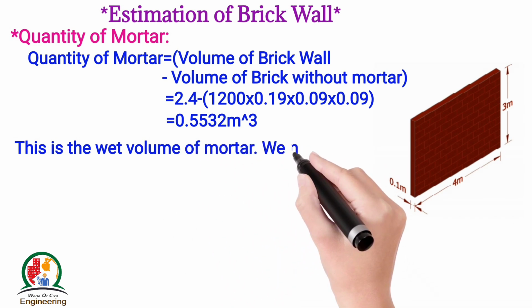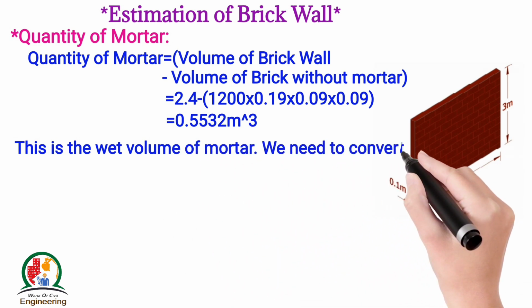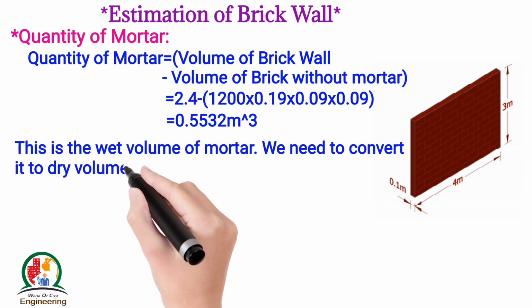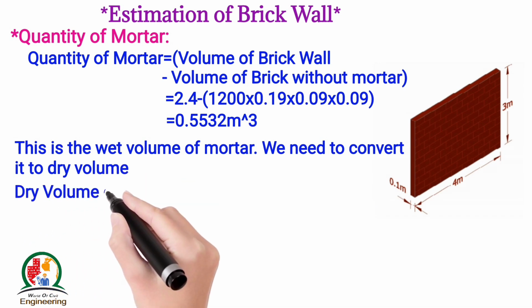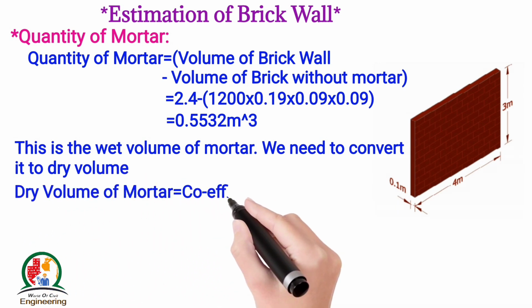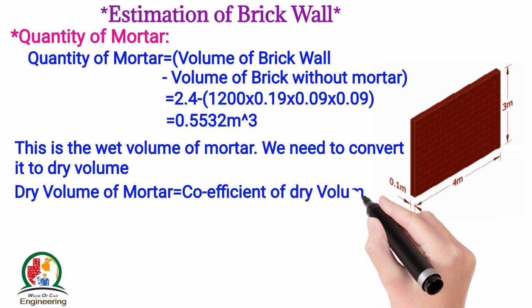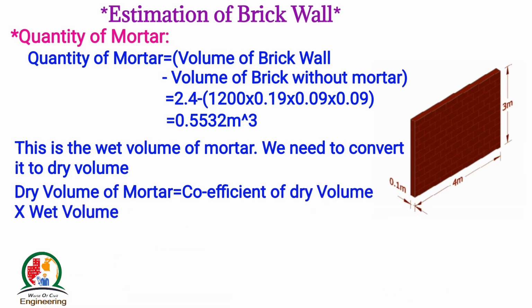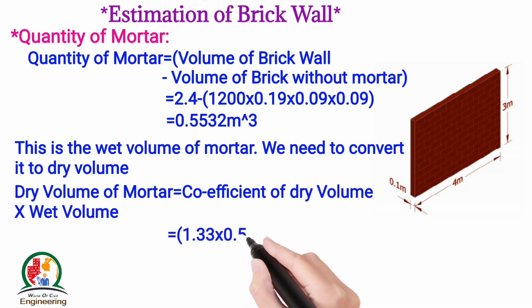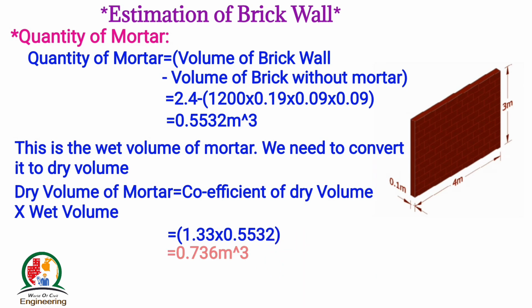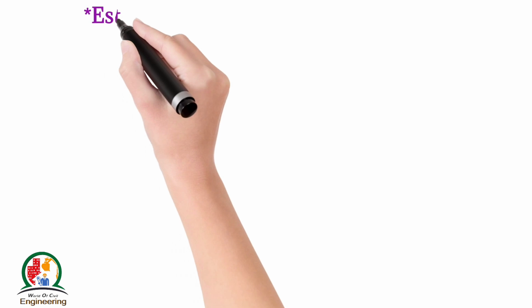This is the wet volume of mortar. We need to convert it to dry volume. For this, dry volume of mortar equal to coefficient of dry volume into wet volume, equal to 1.33 into 0.5532, equal to 0.736 meter cube.